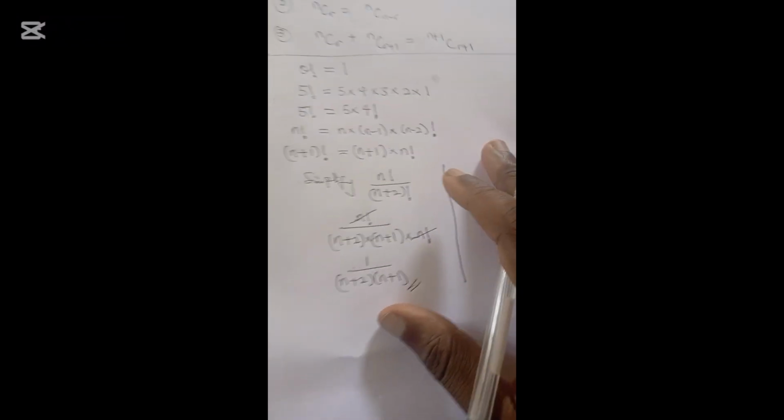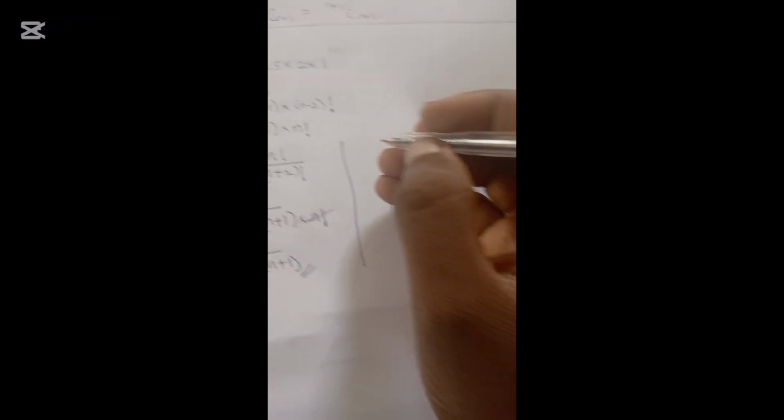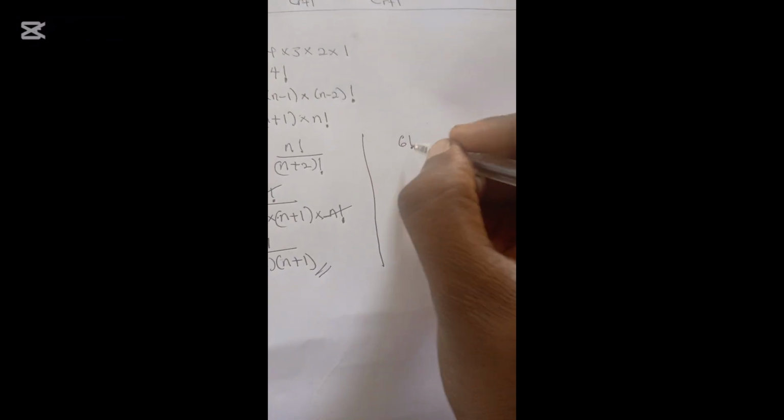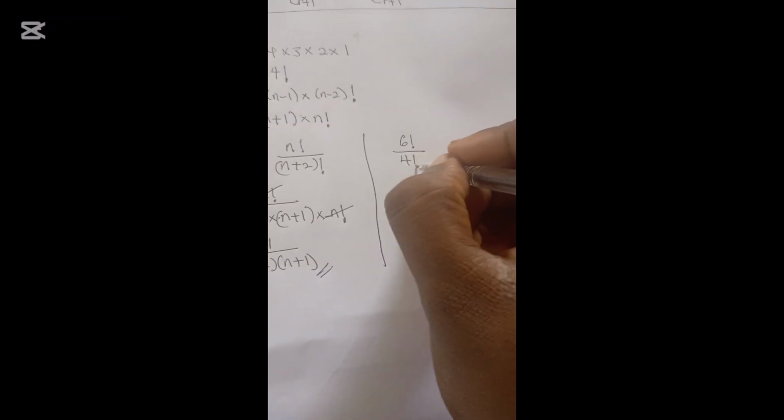Yes. So it's just like saying that we want to simplify something like 6 factorial over 4 factorial. We can just lower the 6 by 2 steps and go 6 times 5 times 4 factorial over 4 factorial.